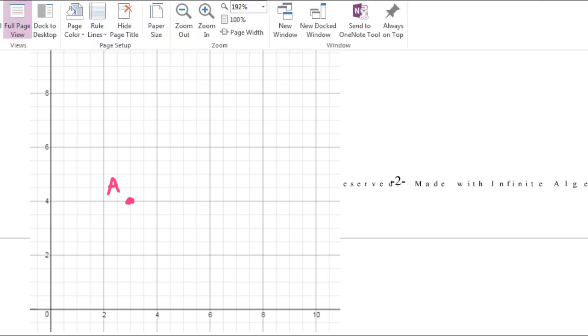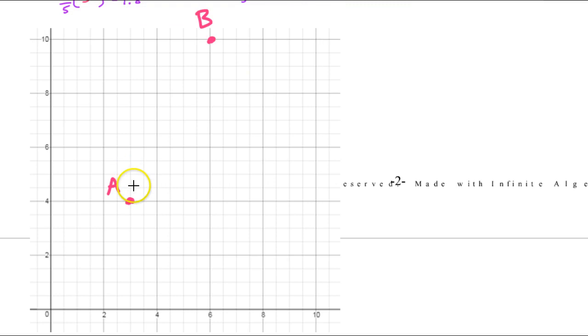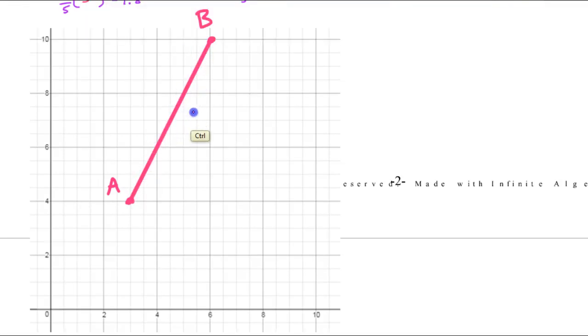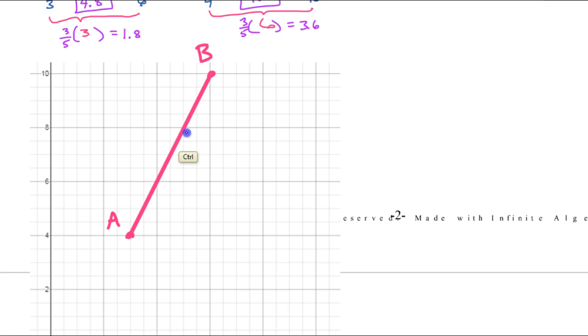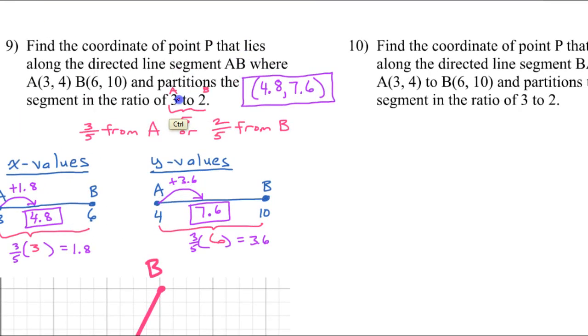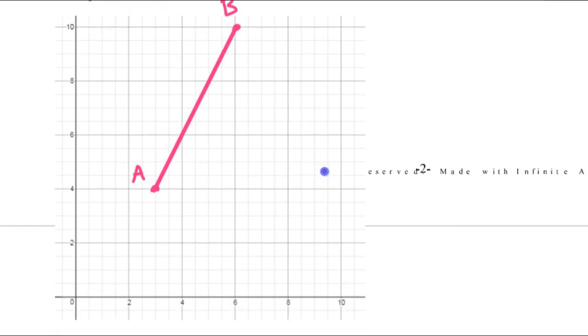All right, so here is the original segment from A to B. Now, we were supposed to partition or split this segment so that it will have the ratio of 3:2. So that means the A part should be a little bit bigger than the B part. We came up with the point 4.8, 7.6.